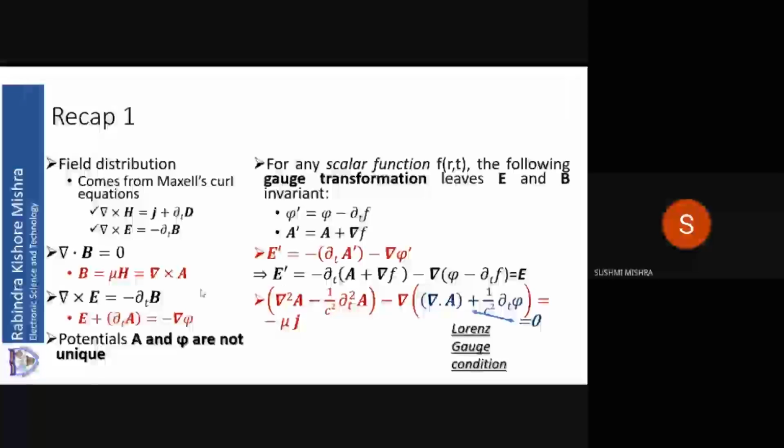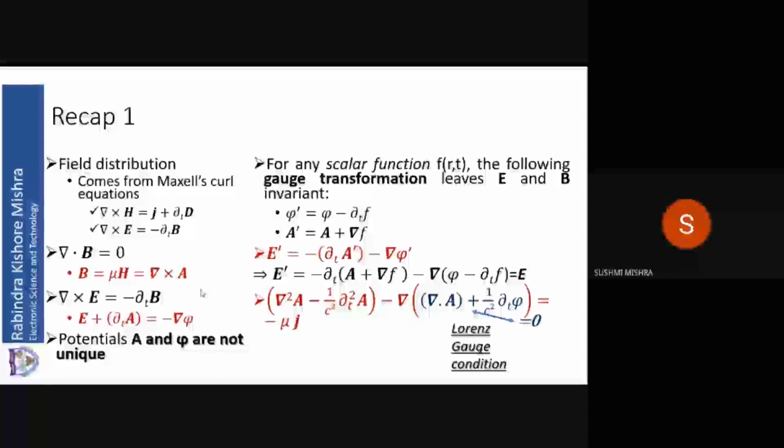Last class, we discussed that Maxwell's equations gave us the field distribution. We considered the two curl equations of Maxwell, and we saw that these two equations are coupled to each other. Although they are first order and linear in nature, they are coupled.